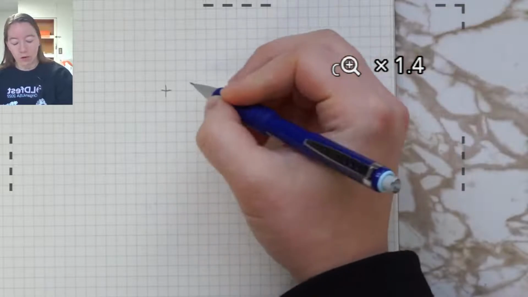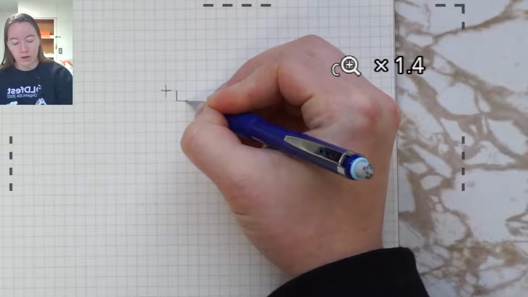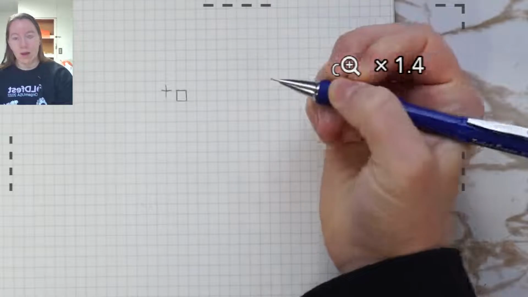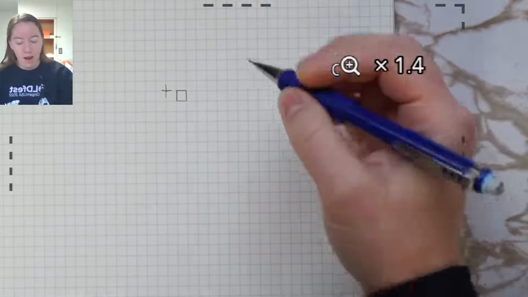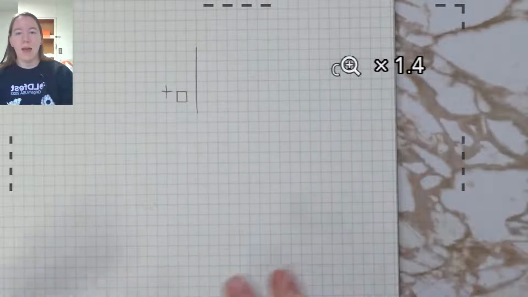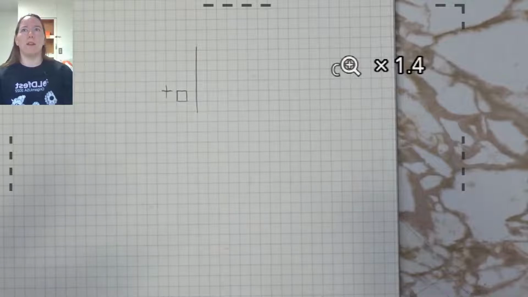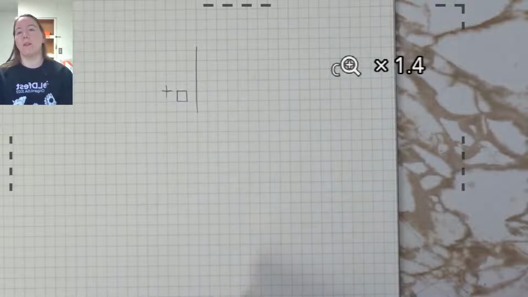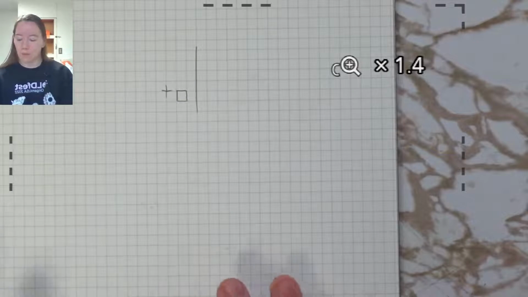I might also talk about a grid square, and I might talk about a grid line, and all of these different things are ways to reference positions on a grid.